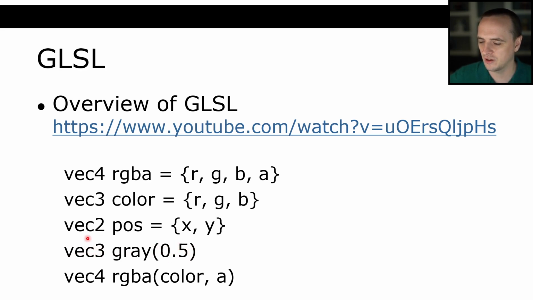So even though it's a vector with 3 elements, if we just pass in one argument, it sets all the elements equal to that thing. Similarly, I could say vec4 RGBA, and instead of passing in all 4 things, I could pass in color, which is a vec3, and then alpha, which would be just a floating point value. So the 3 here plus the 1 here would be the 4 for the RGBA.